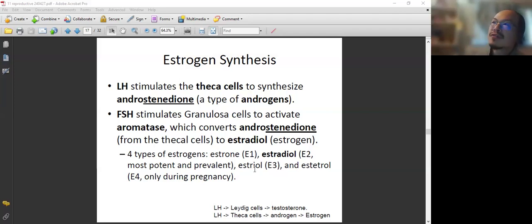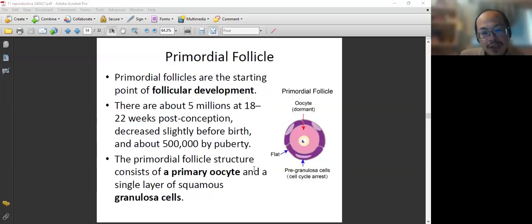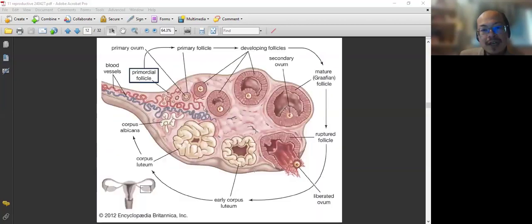All right, so now you know how females produce the female sex hormone. It's by the follicles. That is why before puberty, female sex hormone is not very prominent. There isn't much estrogen, because the primordial follicles don't have theca cells or mature granulosa cells, so they do not produce female sex hormone.